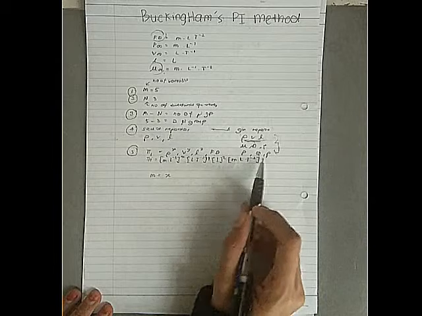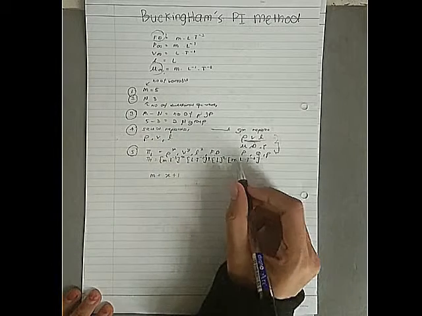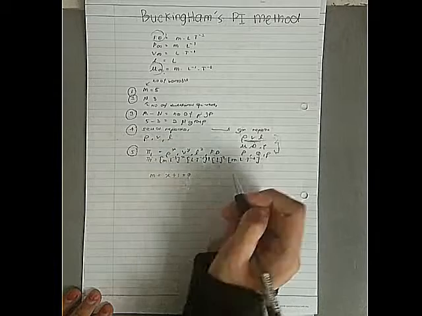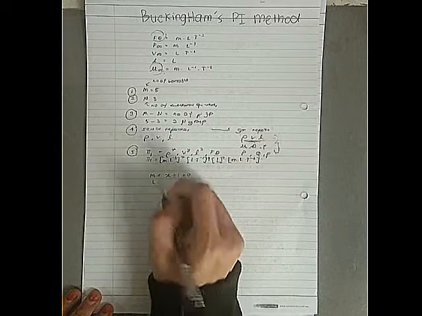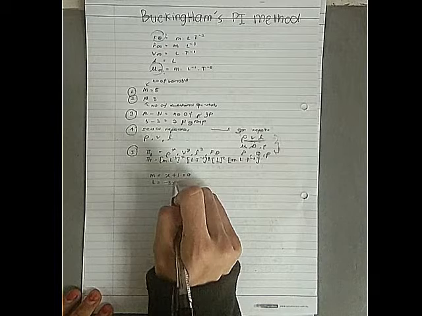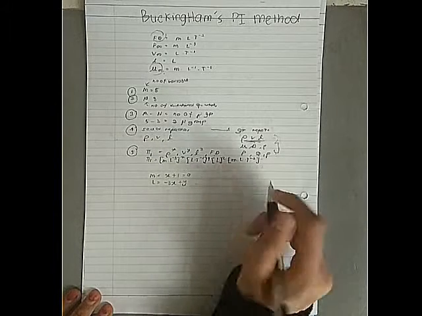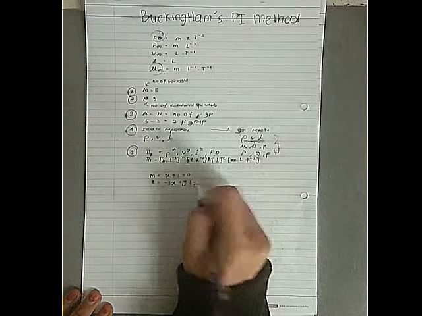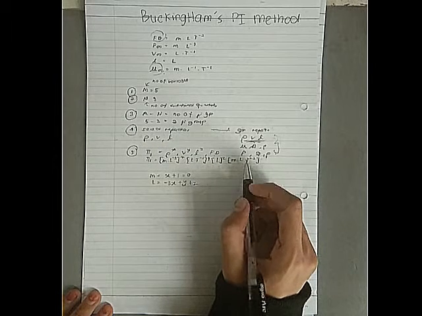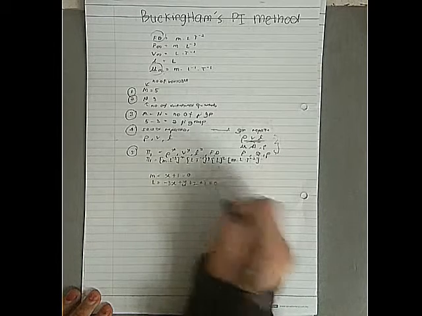There is no unknown for the force term, so we just plus 1, and it is equal to 0. Then we proceed to L. We have negative 3x, plus y, plus z, and also plus 1, equal to 0.